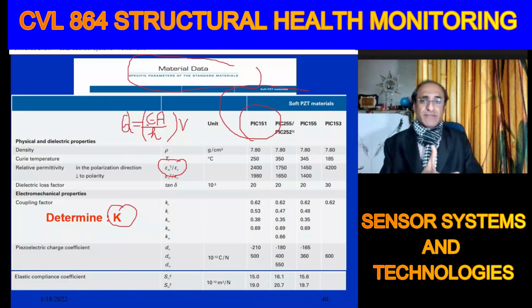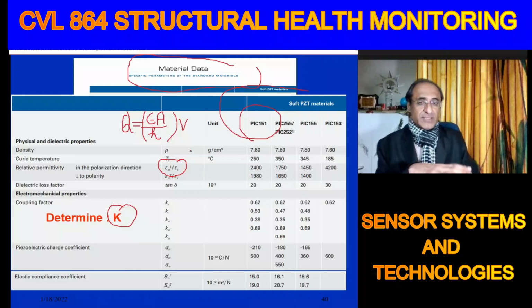So all materials have different values. And does anyone remember the electric permittivity of free space or air? How much is that? Because most of the manufacturers provide this in relative terms. So it says that 2400 is basically the relative permittivity, relative to that of the free space.